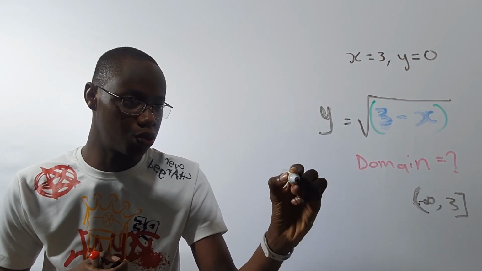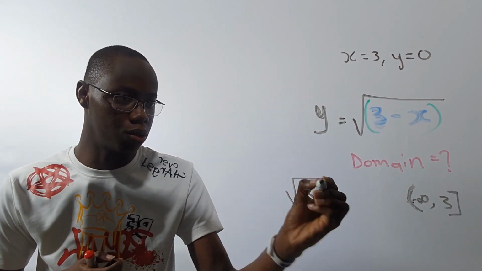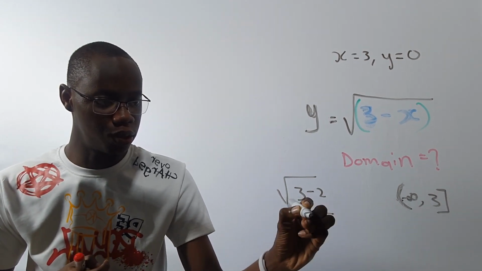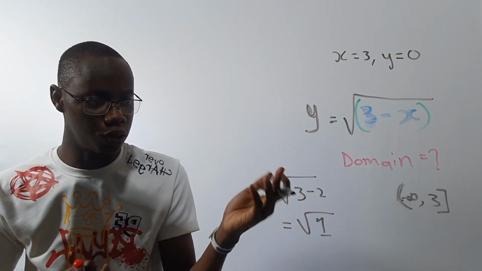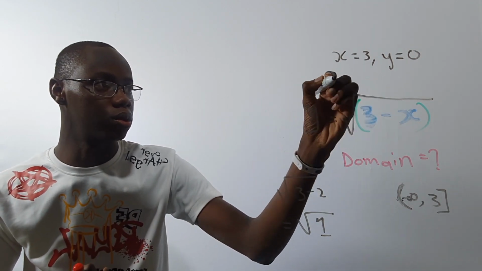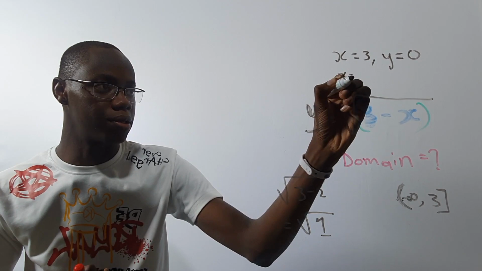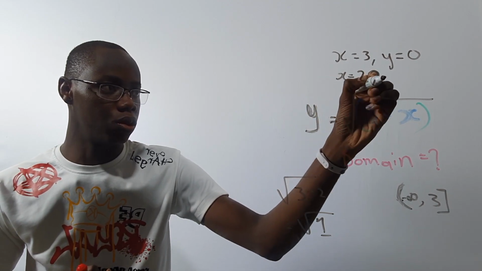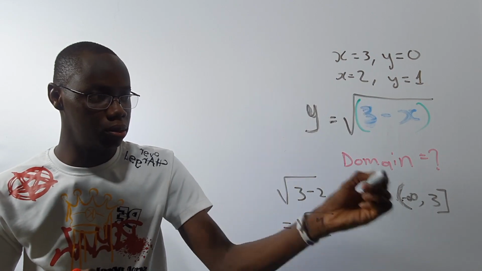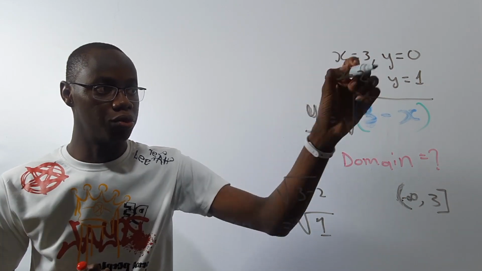That will be the square root of 3 minus 2, which is the square root of 1, and that is 1. So when x is 2, y is equal to 1.